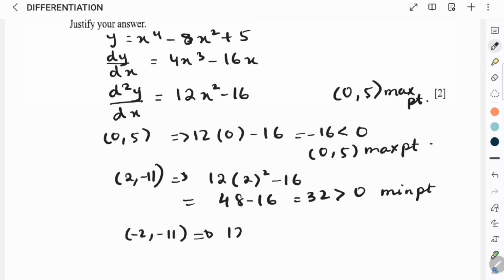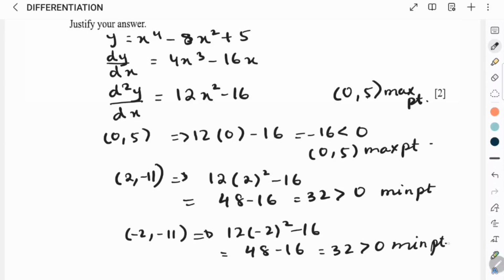That is 12 times minus 2 squared minus 16, and 4 twelves are 48, minus 16 equals 32, which is again greater than 0, and it's a minimum point. So we understood that one of the values, (0, 5), gives a negative answer, and it's a maximum point. Alright, move to the next question.